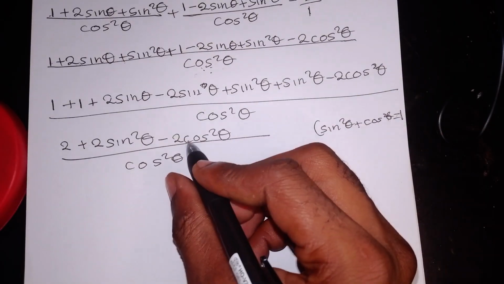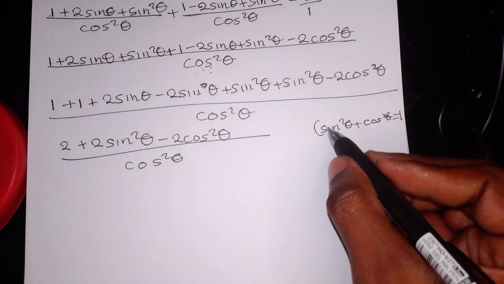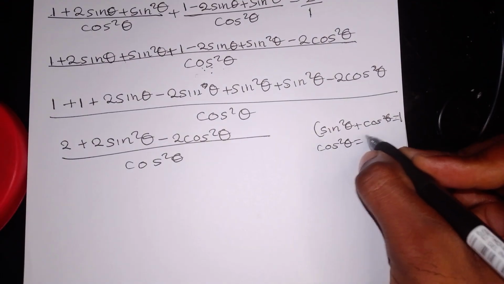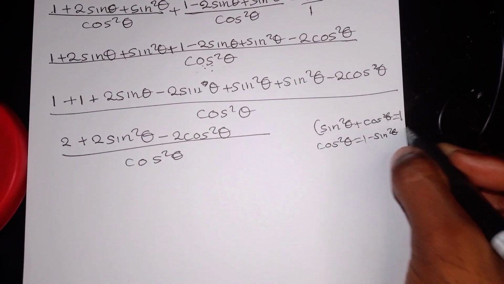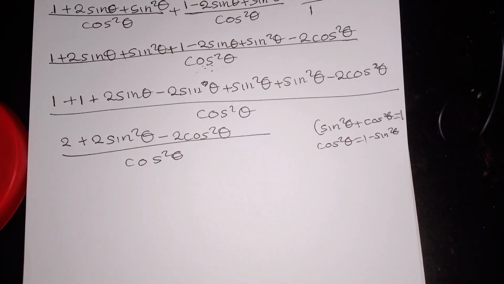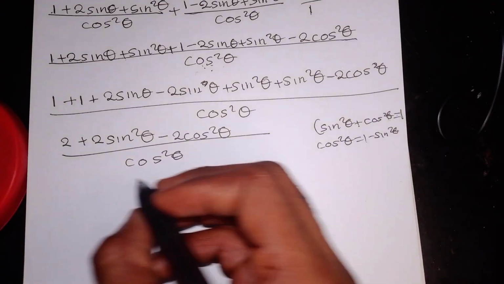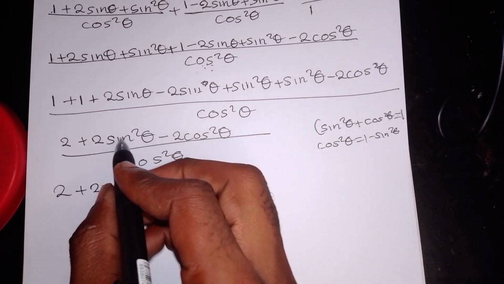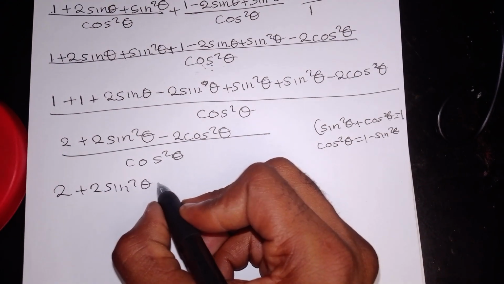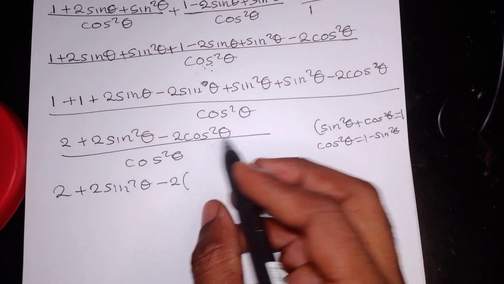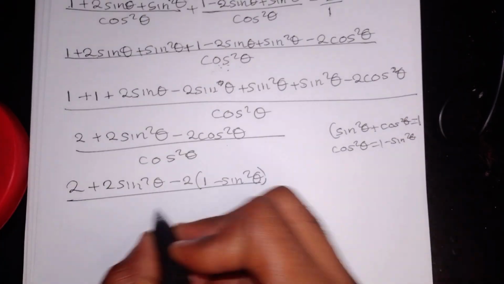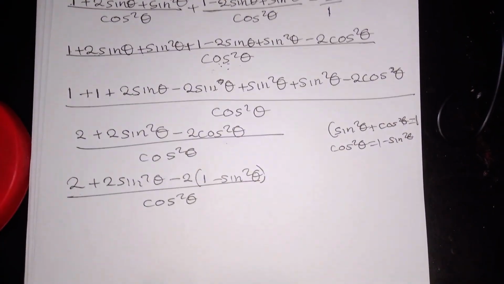To change this, I can just use this identity, and then I'll take this one to the other side so that I have cos squared theta is equal to 1 minus sine squared theta. Remember, this identity is provided on your cover page. So we have 2 plus 2 sine squared theta. I'm not going to tamper with this because it is required. So we have 1 minus sine squared theta, everything over cos squared theta.